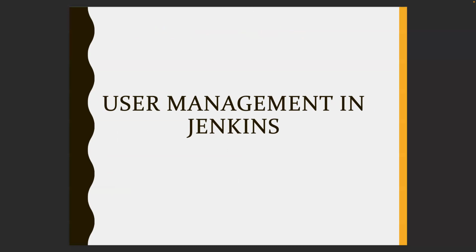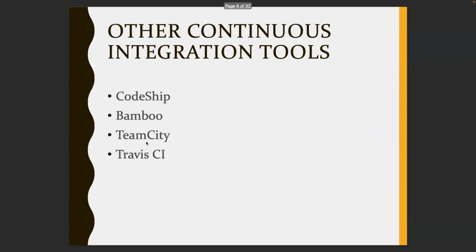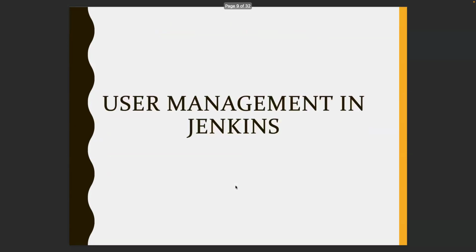The same use cases, like restricting user access, can be done on GitLab also. All these are similar tools, like I have shown you, right? CodeShip, Bamboo, Travis CI, TeamCity, even GitLab, GitHub Actions. These are all similar tools to Jenkins, but Jenkins is very widely used.